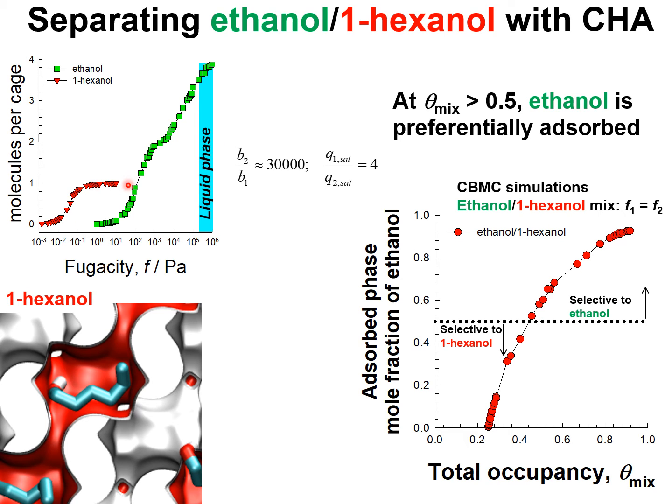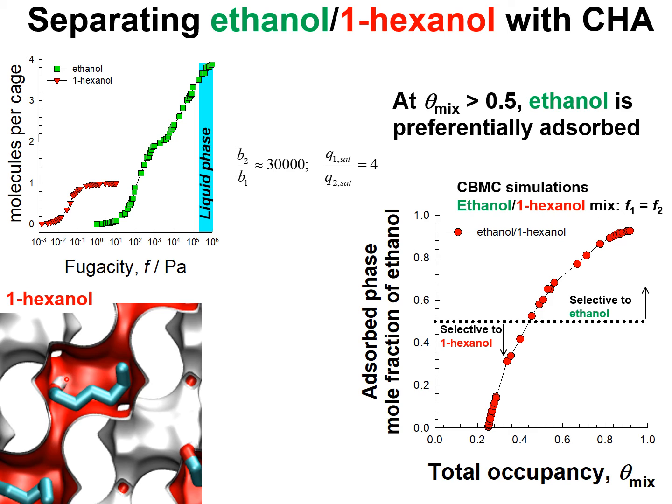The unary isotherms for 1-hexanol are shown here. This is the unary isotherm for ethanol. The saturation capacity of ethanol is 4 times higher than the saturation capacity of 1-hexanol.